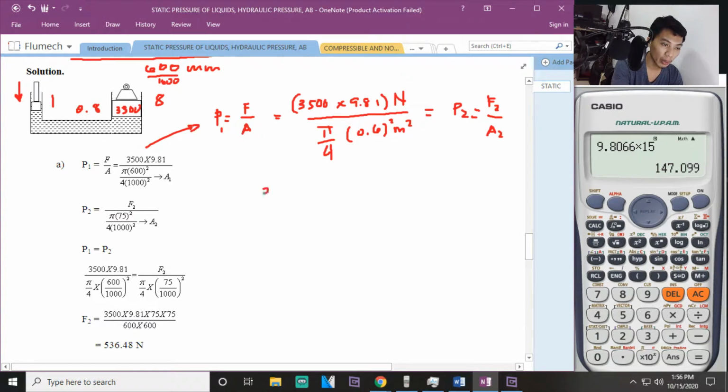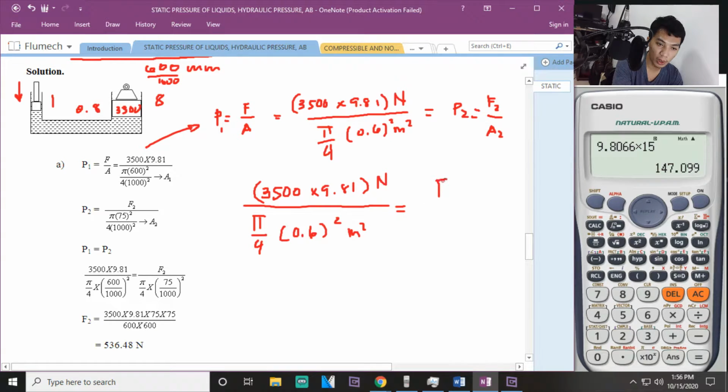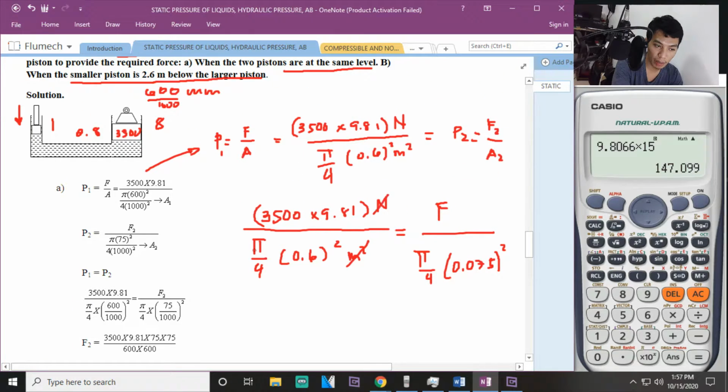Now, equate natin sila. 3,500 times 9.81 newtons over pi over 4 times 0.6 squared, meter squared, equal to force over pi over 4 times 0.075 squared. Cancel all the same units. Ito, tapos ito, cancel natin. And then we'll arrive with what force.